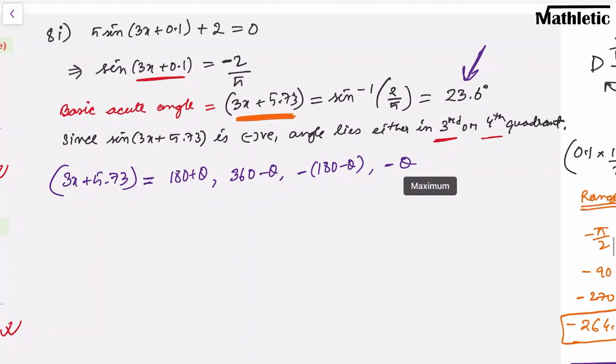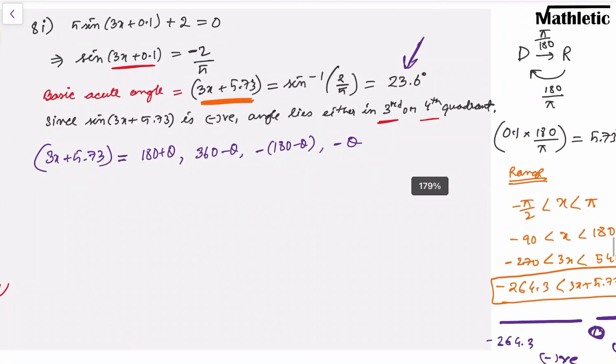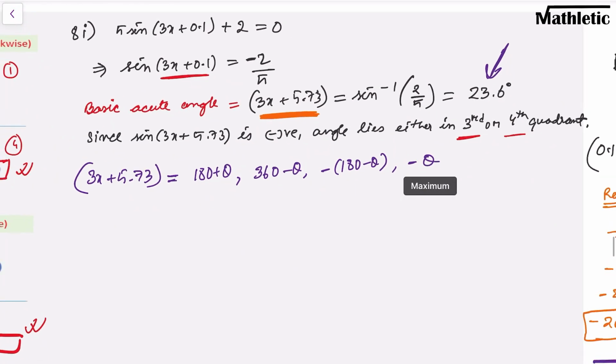Next, I will just replace this basic acute angle 23.6 in this position of theta. So 180 plus 23.6 will give us 203.6. Then 360 minus 23.6, as in this is the theta, the basic acute angle, this will be 336.4.